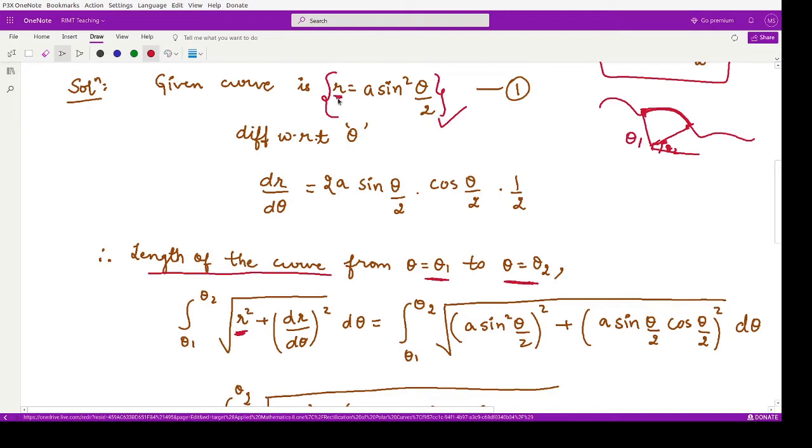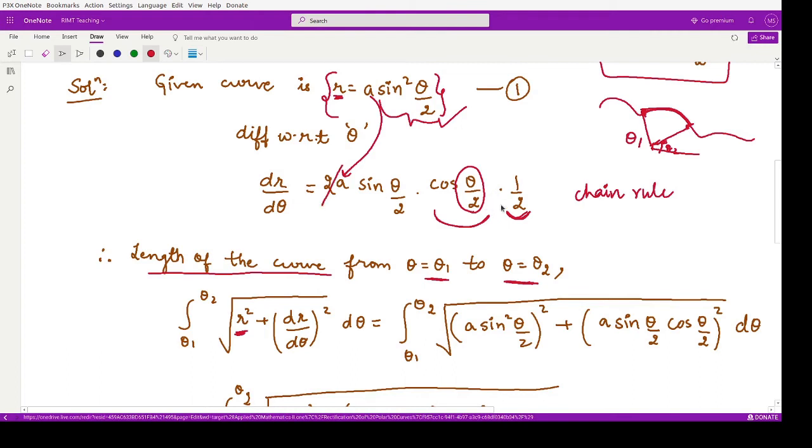A being constant comes out as such. Firstly we take the derivative of the power, so it would be 2 sine theta by 2, then the derivative of sine theta by 2, which is cos theta by 2, and then the derivative of the angle with respect to theta, which is 1 by 2, in accordance with the chain rule of differentiation.